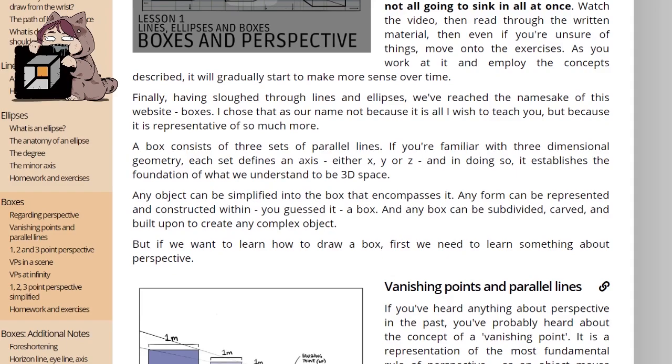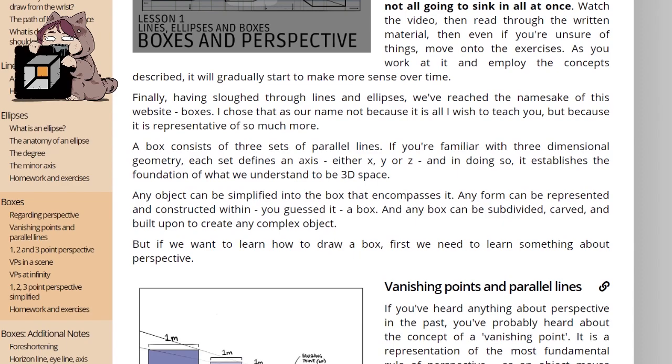Finally, having slogged through lines and ellipses, we've reached the namesake of this website, boxes. I chose that as our name not because it is all I wish to teach you, but because it is representative of so much more. A box consists of 3 sets of parallel lines. If you're familiar with three-dimensional geometry, each set defines an axis, either X, Y, or Z, and in doing so, it establishes the foundation of what we understand to be 3D space.